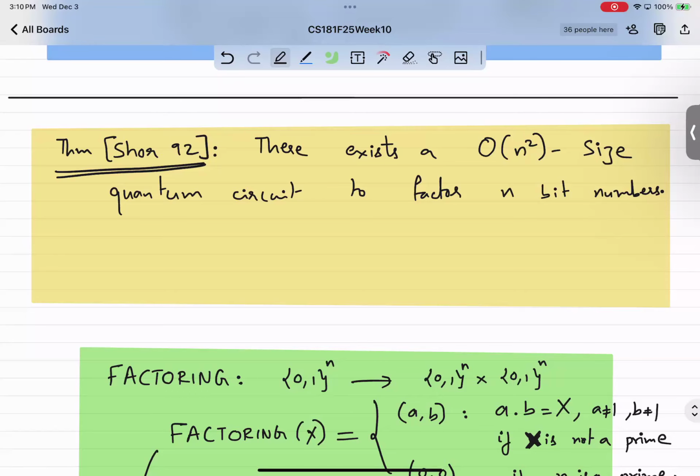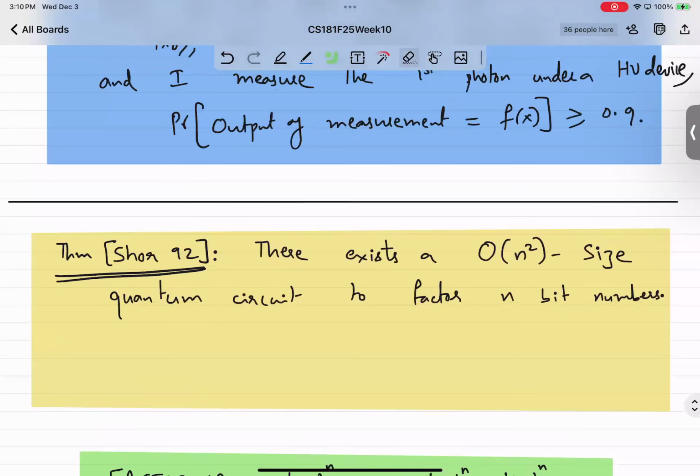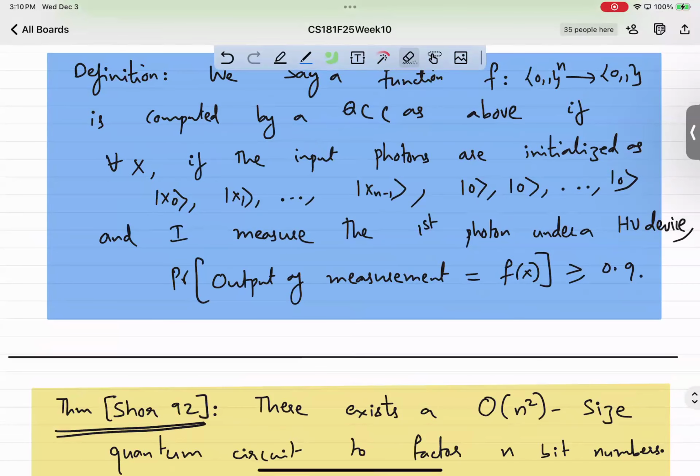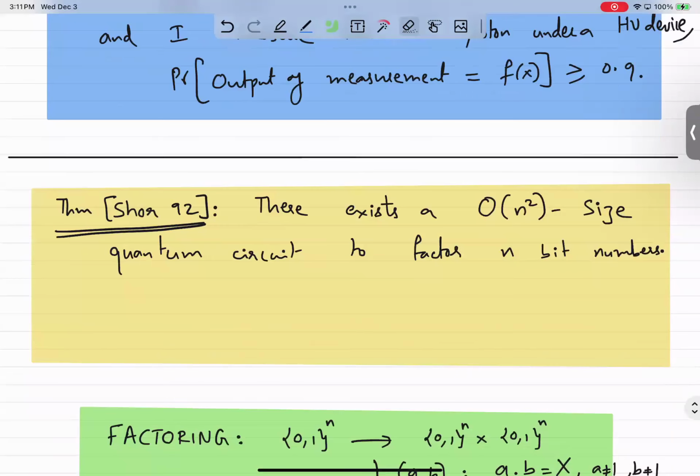Okay, so for this problem, there is a quantum circuit which only needs n squared gates. That has also been improved since then, but Shor's original thing was n squared gates, quadratic runtime, more or less. Right? Because each gate is like one unit operation. We usually think of a gate like an AND as one unit operation. In the quantum world, it is saying there is a quantum circuit with n squared QNANDs and Hadamards, which can factor a number.